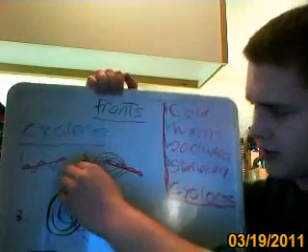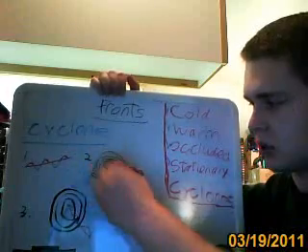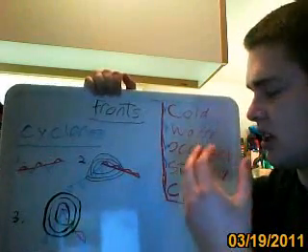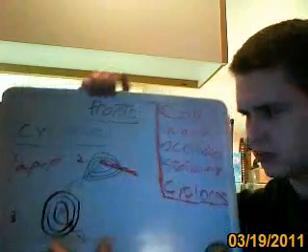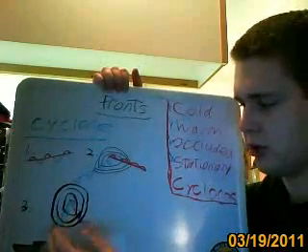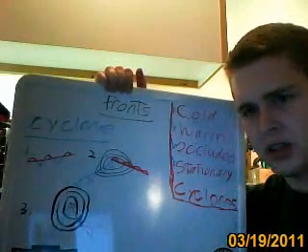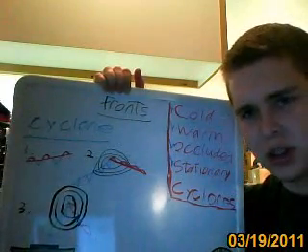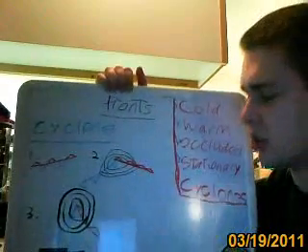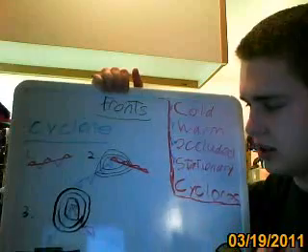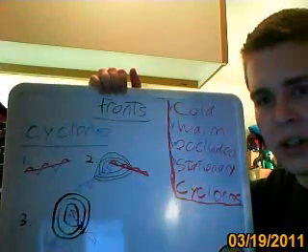And basically the whole time these two are moving in close to each other until they become an occluded front. So right before the cold front overtakes the warm front, that's when the cyclone is at its strongest. And finally, when the two fronts become occluded, that's when the cyclone dissipates.